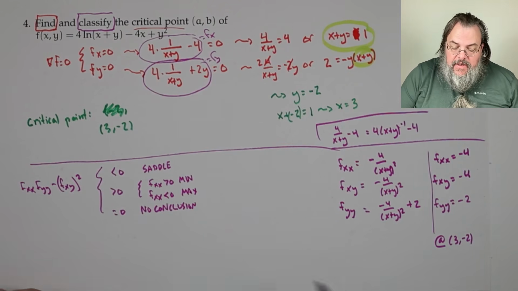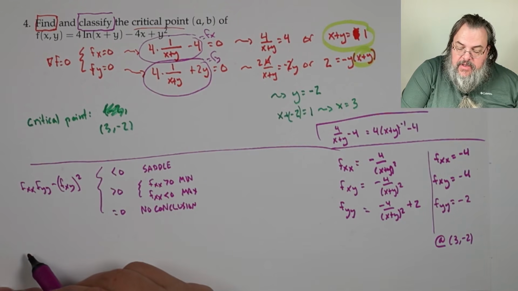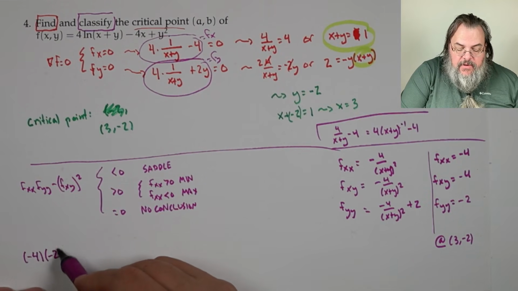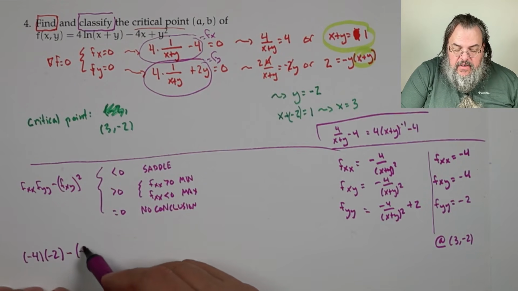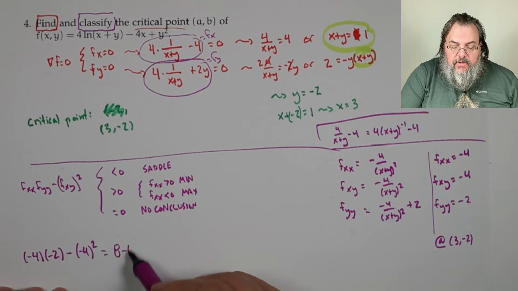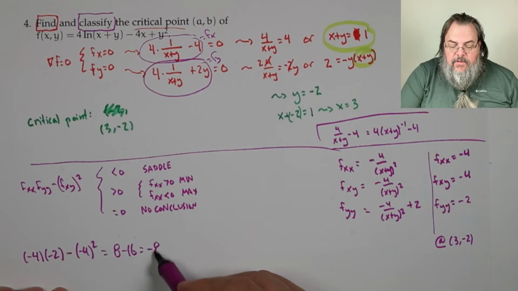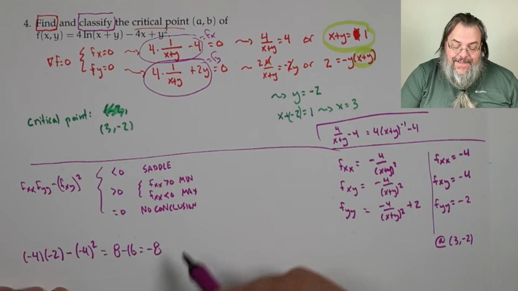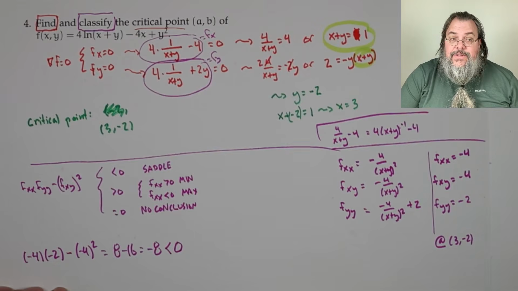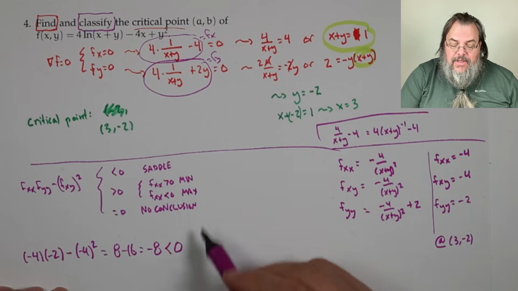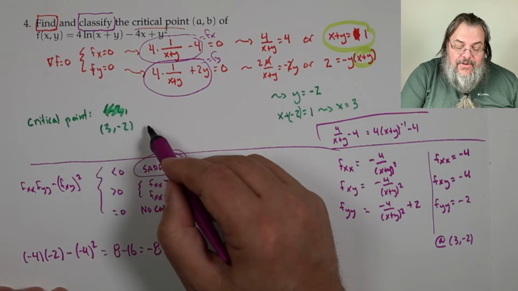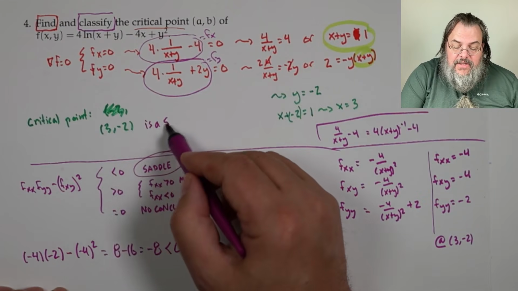So, here's our test. We're going to take negative 4 times negative 2, subtract negative 4 squared. Now, we don't need to know the value. What do we care about? We care about the sign. And this is a negative value. So what's our conclusion? We are a saddle. So 3, negative 2 is a saddle.